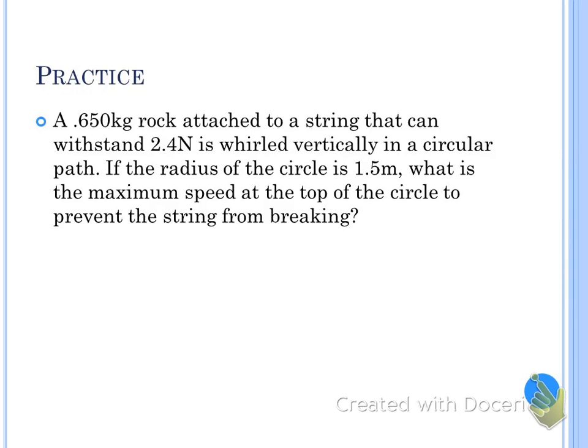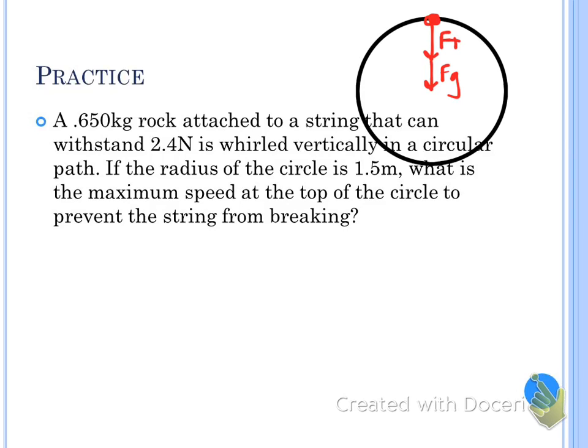First thing that you want to do is look at your diagram. It's at the top of its motion. Right, both of those are pulling toward the center of the circle. What do we think this 2.4 newtons is telling us? What is that? Tension. Tension, good.